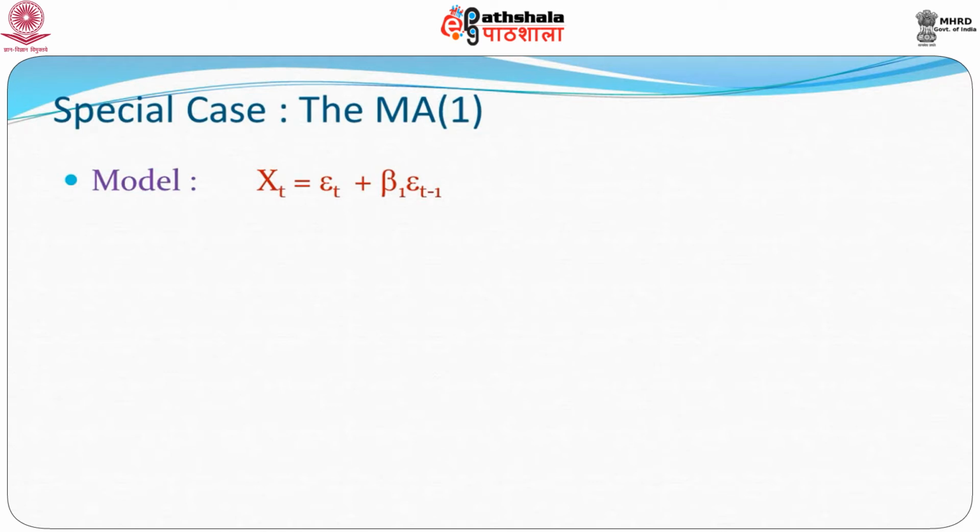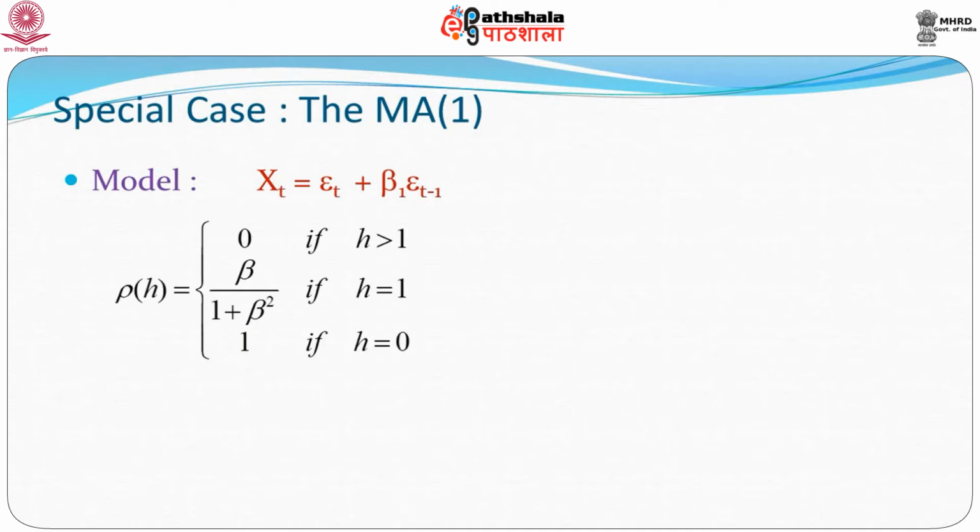In an MA1 process, we just have x t is equal to epsilon t plus beta 1 epsilon t minus 1.